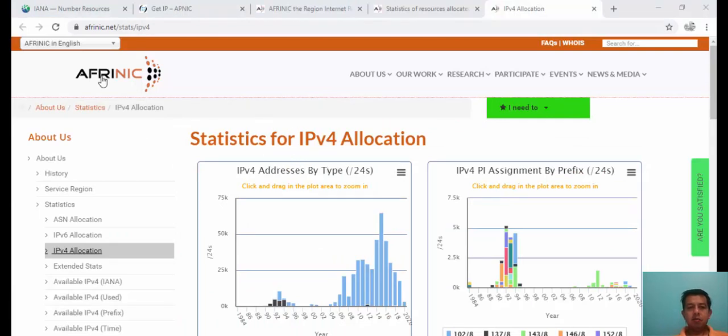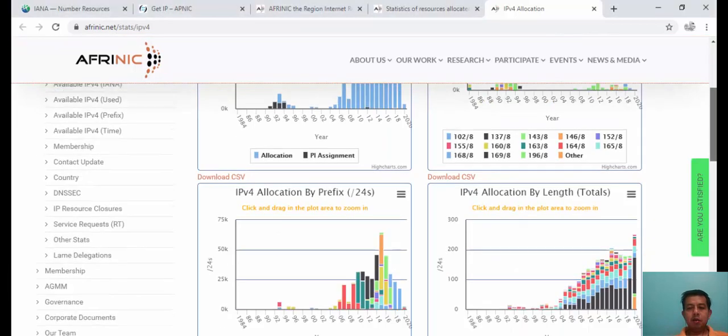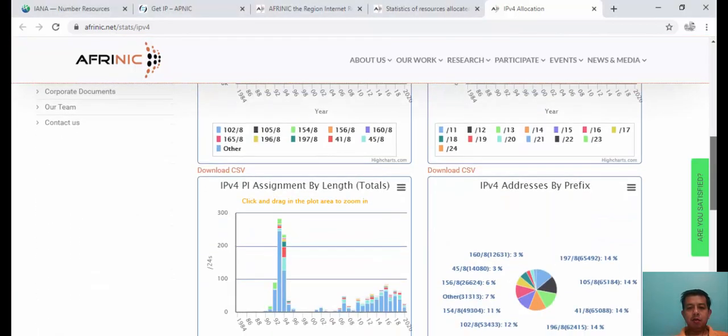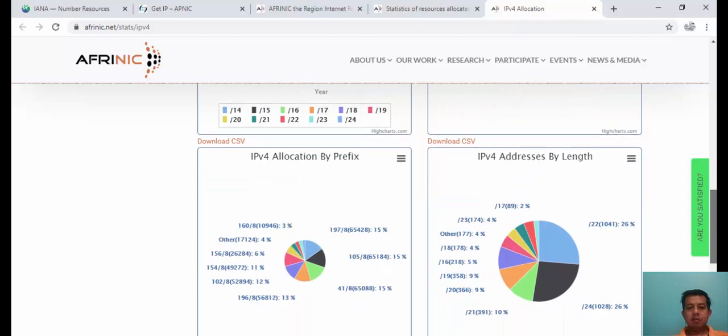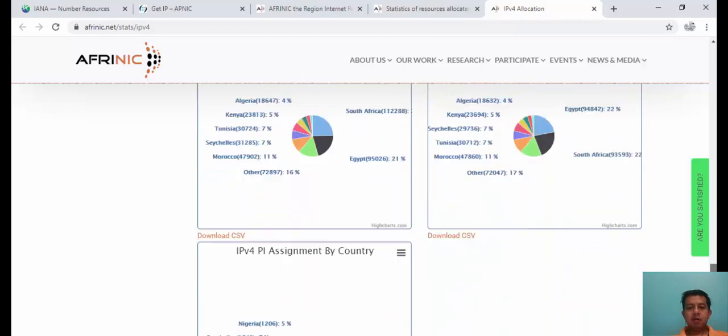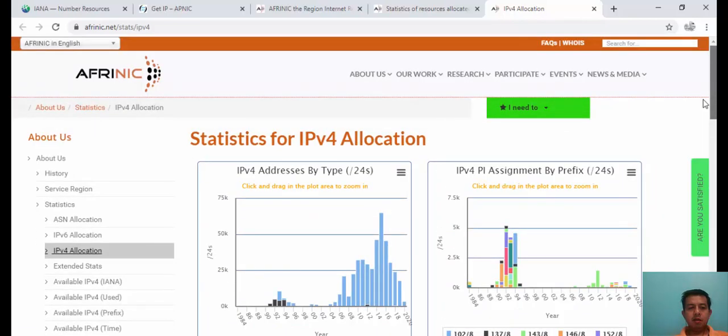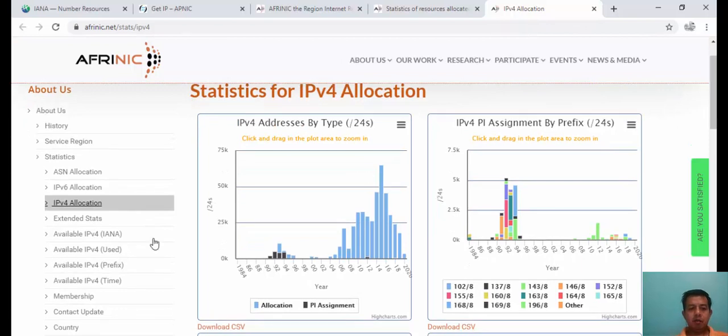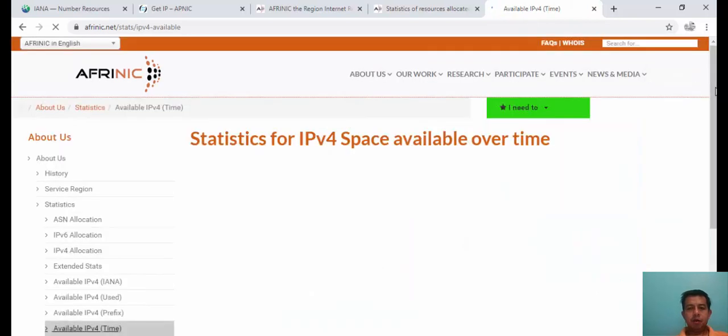So this is an example for the Africa region. If I go to statistics and see how many IP addresses have been allocated, they show me all the statistics country wise, region wise and so on. I can also look at available IPv4. If I click here, let's see what it displays.